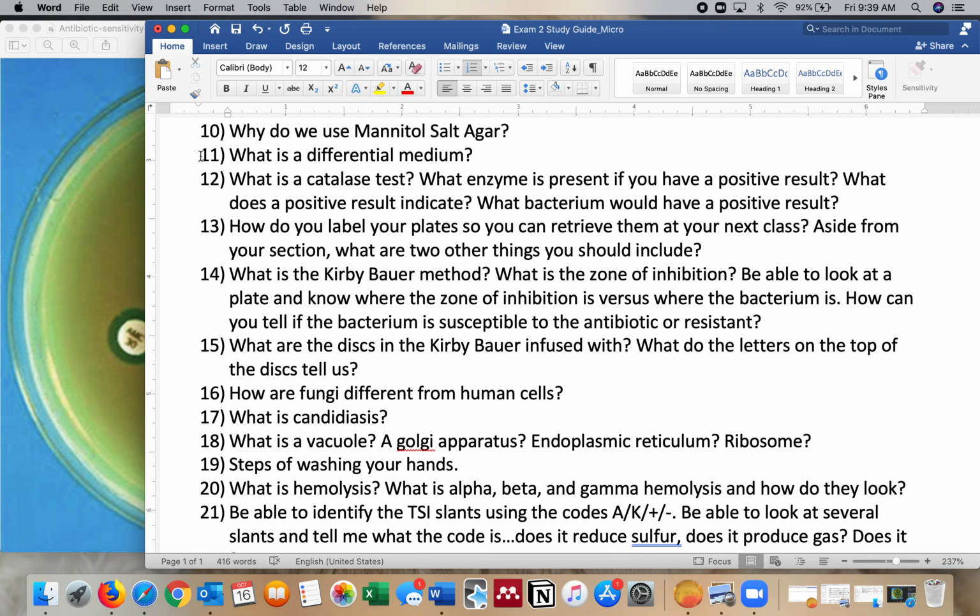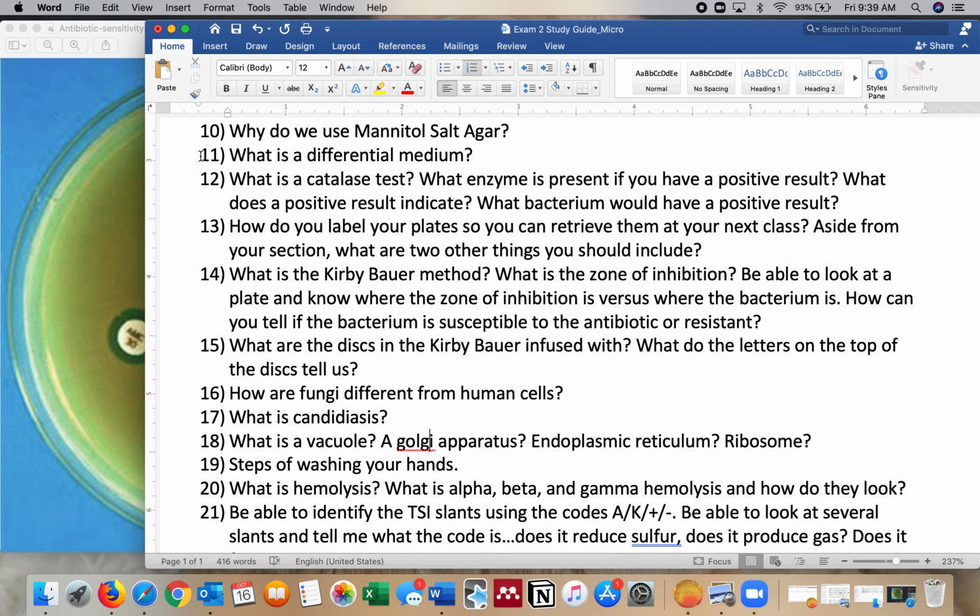If you need more information, it's on page 78. Selective media inhibits the growth of some microorganisms while allowing the growth of others. So selective media, like mannitol salt agar, will allow certain things to grow and stop other bacteria from growing.